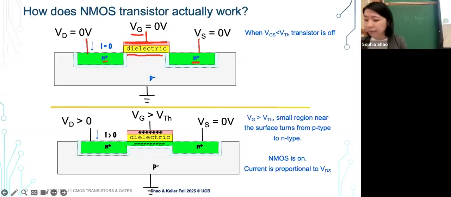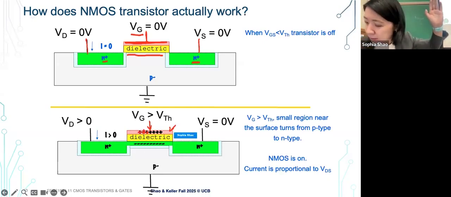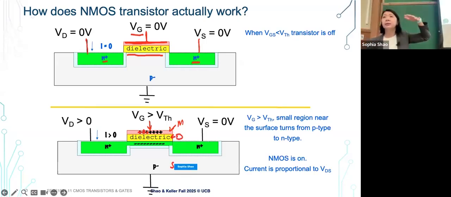So when we apply voltage to the gate terminal here, our gate terminal has a high voltage. What it really does is accumulate more charges on the metal layer. It's almost like a capacitor. We have the metal layer, the oxide layer, and the semiconductor layer.